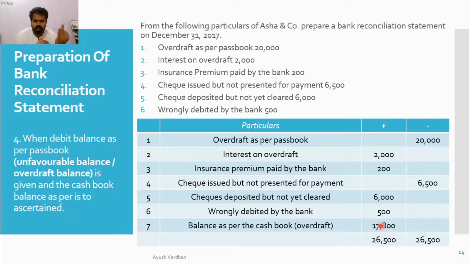All the issues related to timing have been resolved. All the issues related to single side entry, which you call recording difference, have been resolved. So that is clear. I hope these concepts of reconciliation, how we do the reconciliation, are clear.